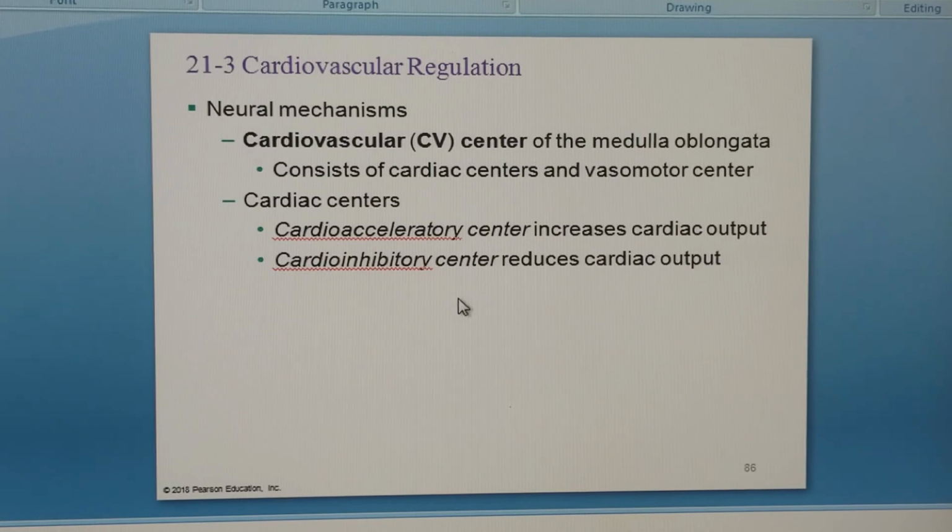Neural mechanisms. The cardiovascular center of the medulla oblongata consists of cardiac centers and the vasomotor center. The cardiac centers are the cardioacceleratory center, which increases cardiac output, and the cardioinhibitory center, which reduces cardiac output.